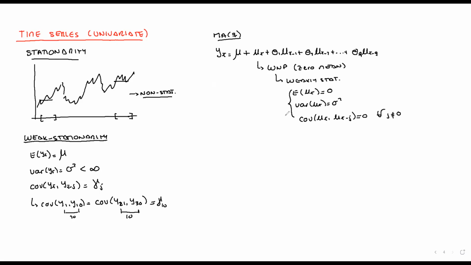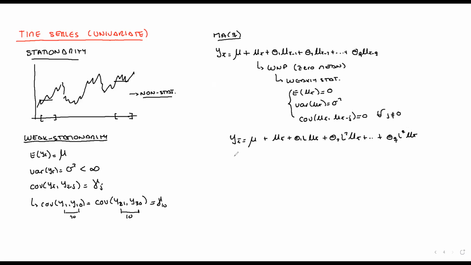So this is my MA(q) process, and I told you guys that this MA(q) process can be written as mu plus, I will say, mu t plus theta 1 L u t. So remember, L is a time multiplier, plus theta 2 L squared u t plus theta q L to the q u t.